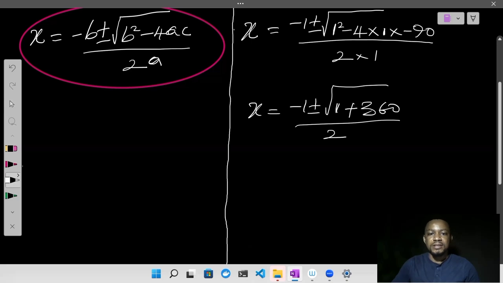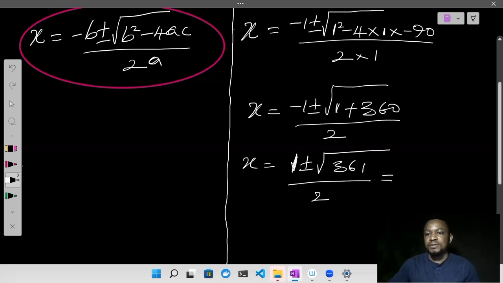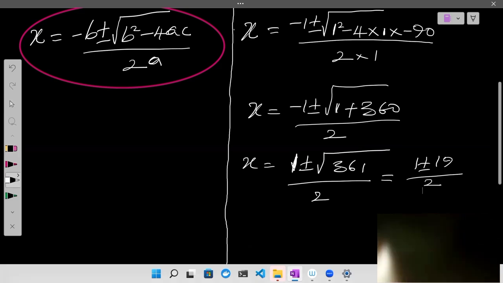So x now reduces to minus 1 plus or minus the root of 361, all over 2. And this should give us minus 1 plus or minus 19 all over 2, because the square root of 361 is 19.